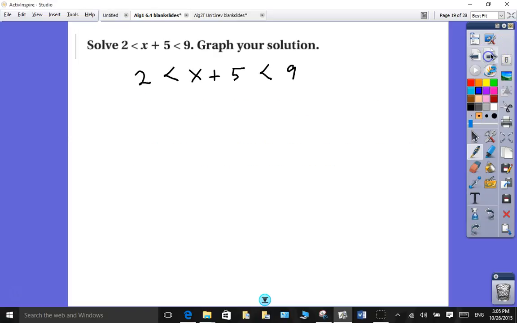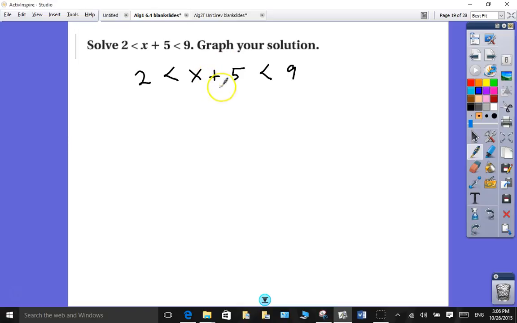So let me go to the next. That's the same problem. So again, if I need to isolate the x, it's in the middle part of the three-part inequality. I have to say to myself, what's with the x that needs to be moved so that the x is isolated by itself? And the answer is 5.